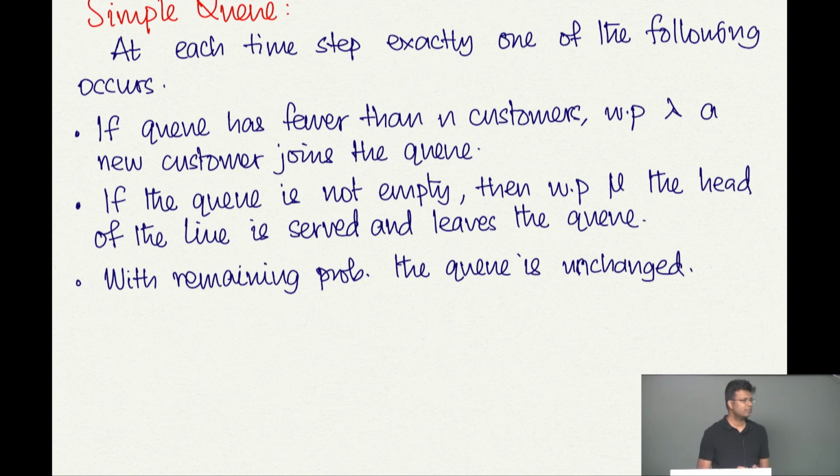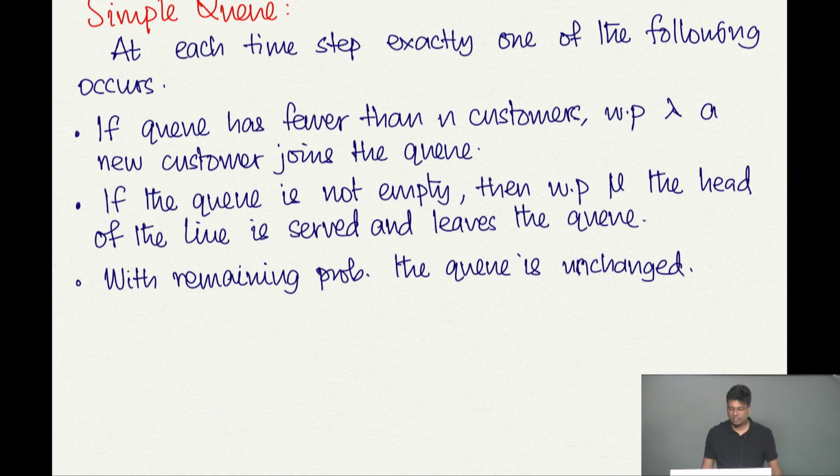So this is a very generic issue, right? Can we model this as a Markov chain? So what could be a random variable? What could be a time varying random variable here? Think about this.